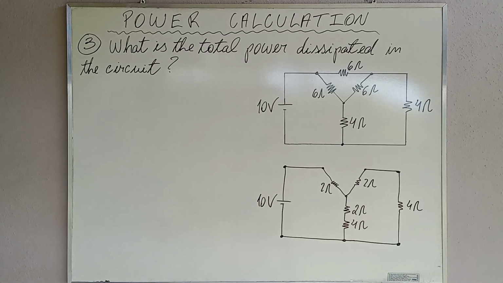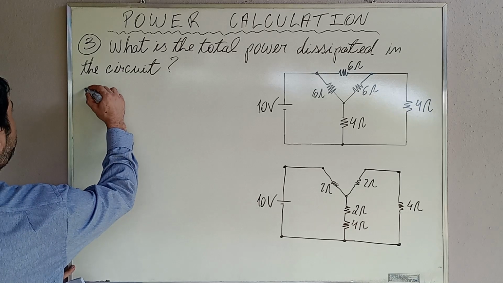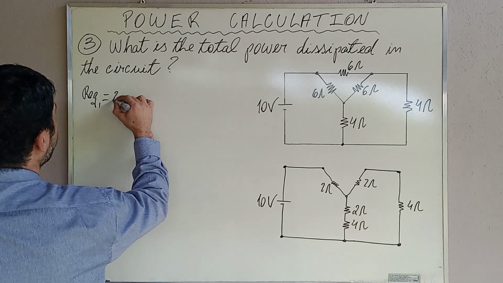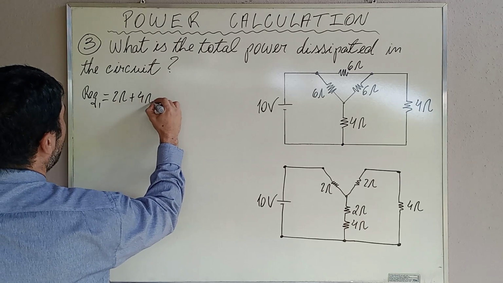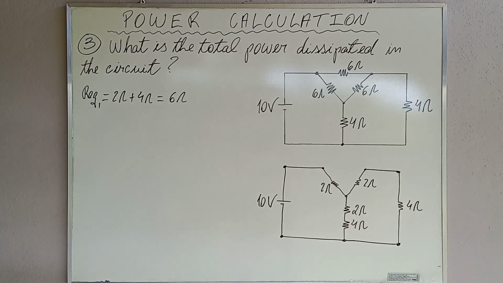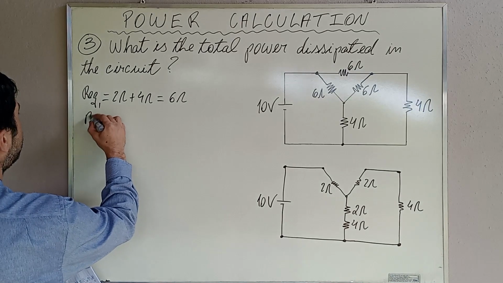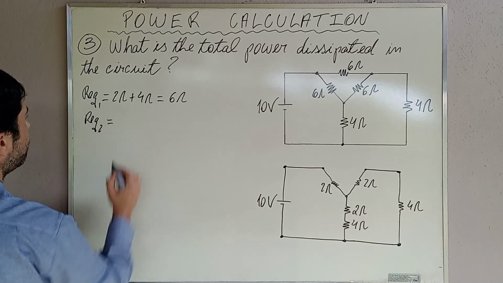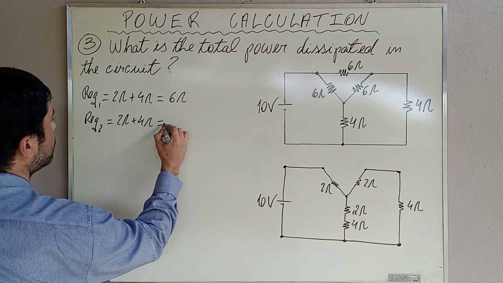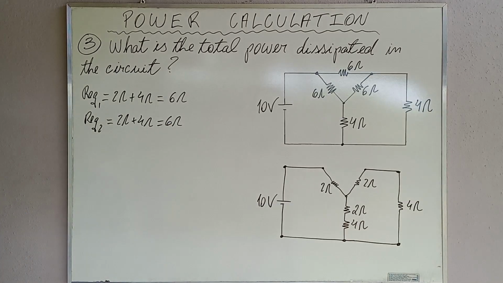In this way, equivalent resistance number 1 is equal to 2 ohms plus 4 ohms, which is equal to 6 ohms. And likewise, equivalent resistance number 2 is 2 ohms plus 4 ohms, which is equal to 6 ohms.